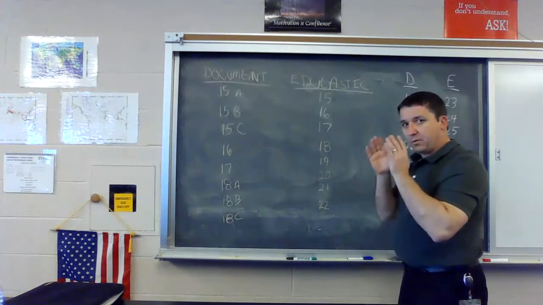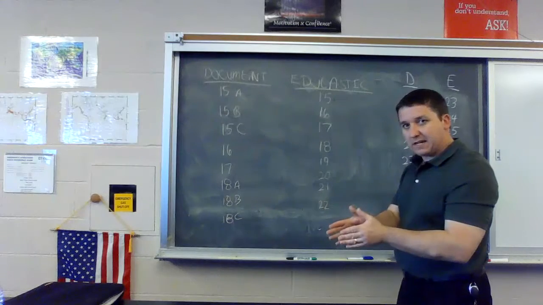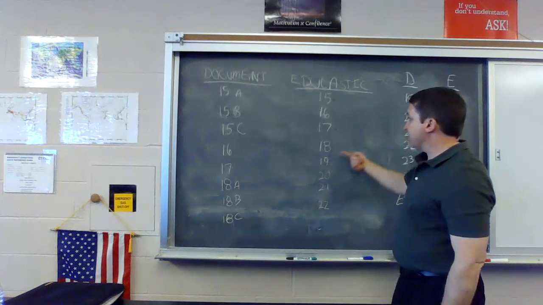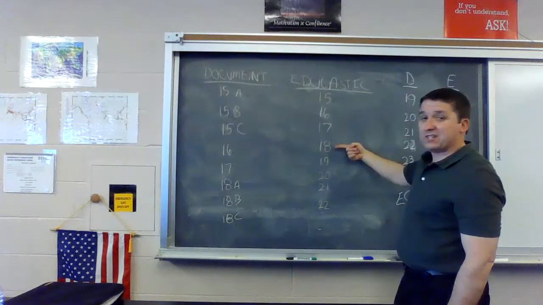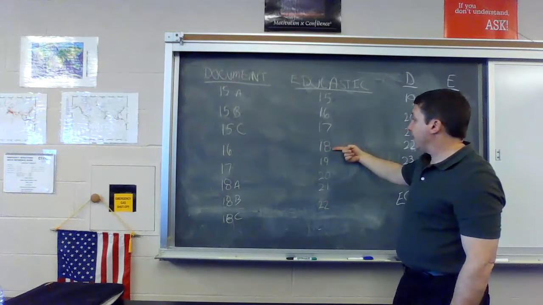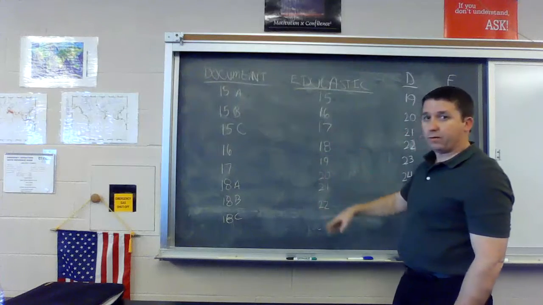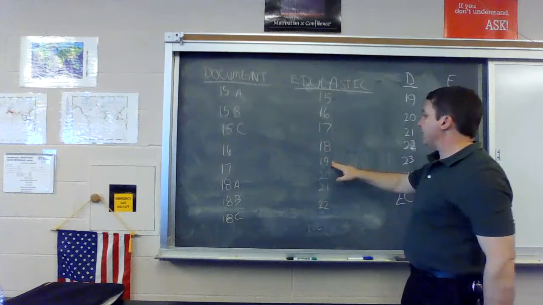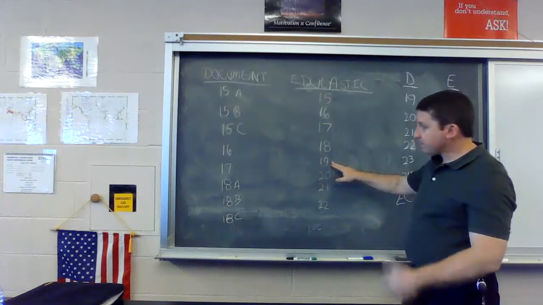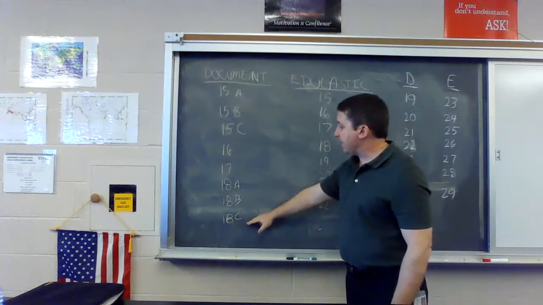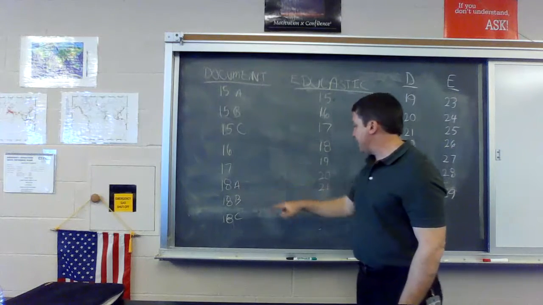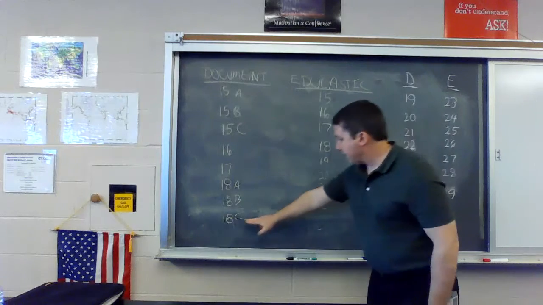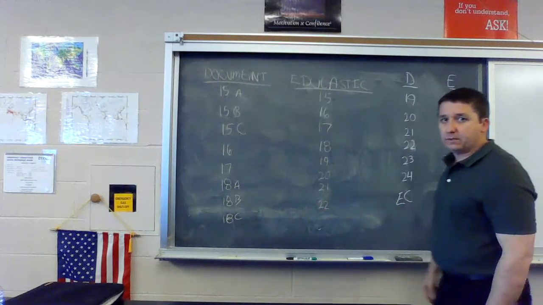So when you're reading question 16 on the test itself, that's actually going to correspond to question 18 on Edulastic, and so on and so forth. 17 corresponds to slot 19 on Edulastic. The second projectile motion problem is number 18. 18A corresponds with question number 20 on Edulastic, 18B 21, 18C 22.